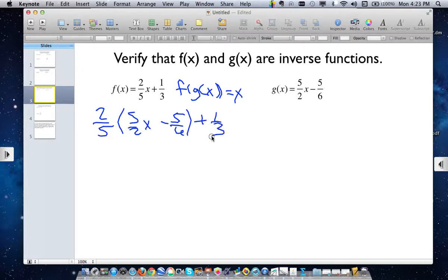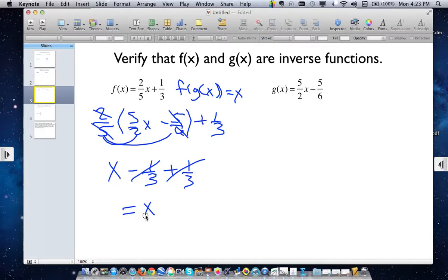Simplify this out. 2/5 times 5/2 would be 1x. 2/5 times negative 5/6, well this would simplify out, and then we have 1/3. So that becomes x minus 1/3 plus 1/3, which of course simplifies, and so all of this equals 1x. So great, that simplifies for the first part.